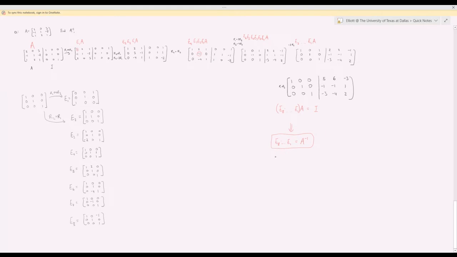Now, we can also express A as a product of elementary matrices as well. To see how to do that, I'm going to bring up one quick fact about matrix inverses.